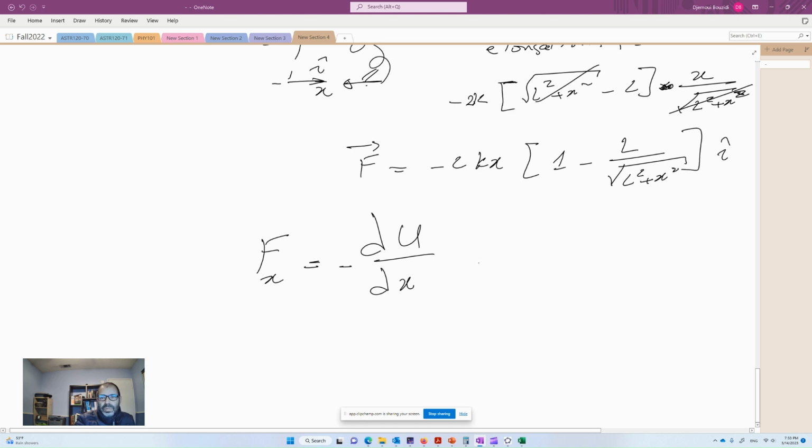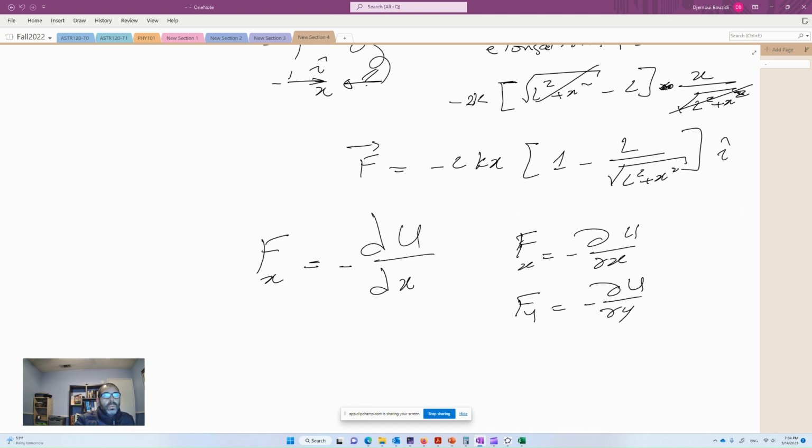Obviously, I don't have force in the y direction, otherwise I would be having partial derivatives, and the other one would be minus the derivative of U with respect to y, and that would be Fy. So in other words, in general, Fx is minus the partial derivative of U with respect to x, whereas Fy is minus the partial derivative of U with respect to y, and Fz is minus the partial derivative of U with respect to z, with a negative sign on each and every one of them.